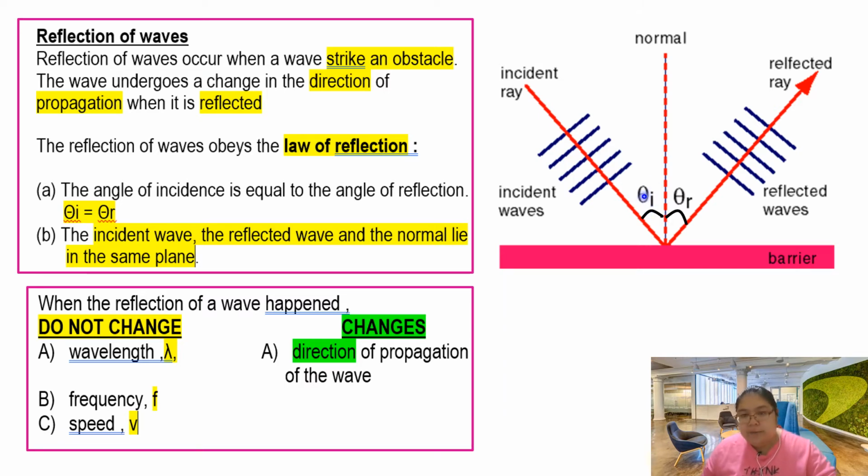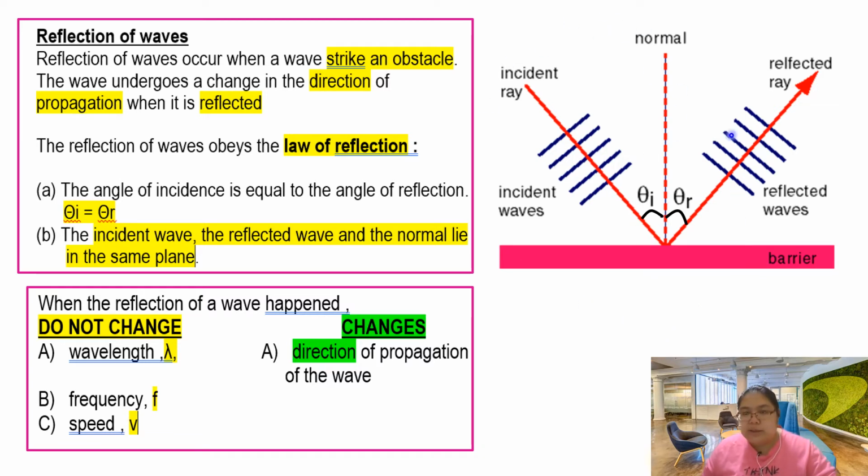Okay, after you set 20 degrees, after you draw the incident ray and the normal, now you need to draw the wave pattern. The incident wave pattern must be at 90 degrees to the incident ray. So I can say the blue line is at 90 degrees to the red line. This part we call the incident part.